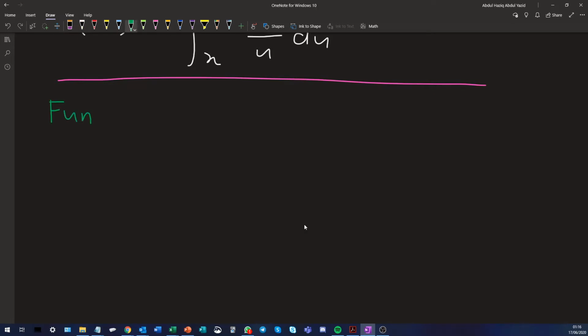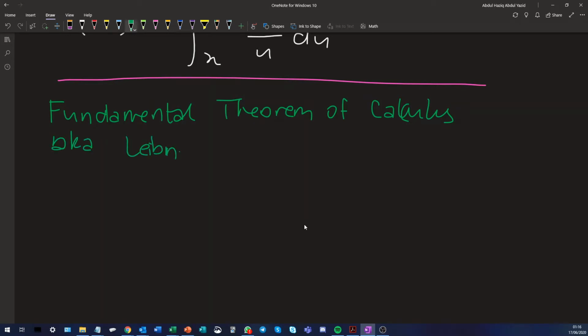We need to take note of something known as the fundamental theorem of calculus, also known as Leibniz's integral rule. So let's go ahead and show how we can actually get the fundamental theorem of calculus. It is actually a restatement of the chain rule.